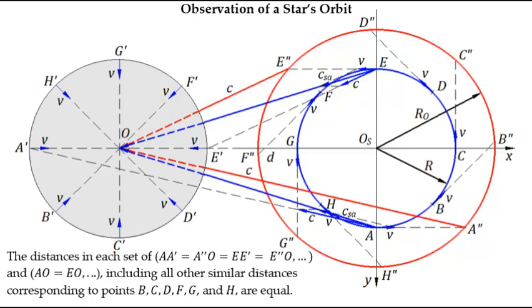The waves emitted by the star in motion inherit the velocity v of the star corresponding to each orbital point and travel through different paths to the local observer O. At the point A, the star emits a wave front of light at the velocity c in the direction AA prime, but this wave front travels along the path AO at the propagation velocity c sub A. The direction and magnitude of the velocity c do not change along the path AO.